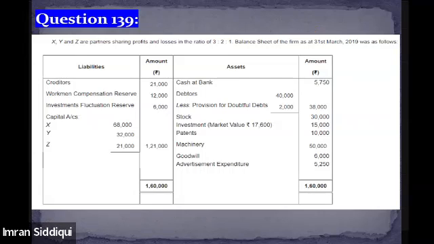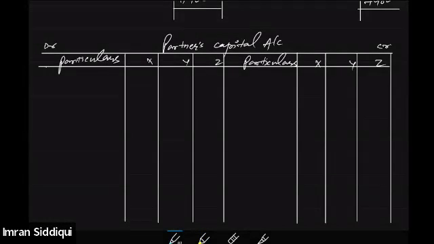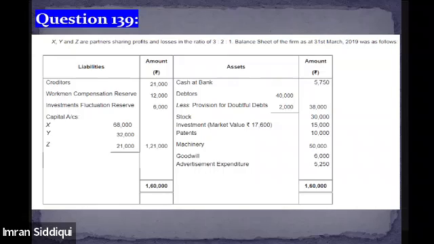We'll quickly write this down on the credit side, by balance b/d, which is 68,000, 32,000, and 21,000. All right, everybody, is that clear to you? Yes, sir.